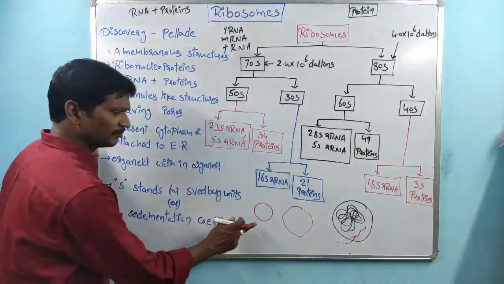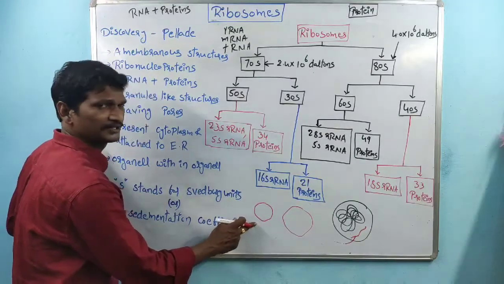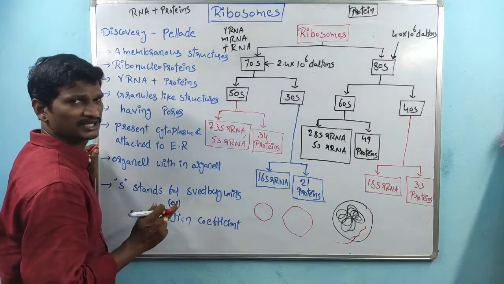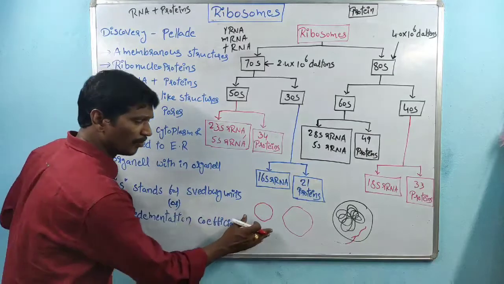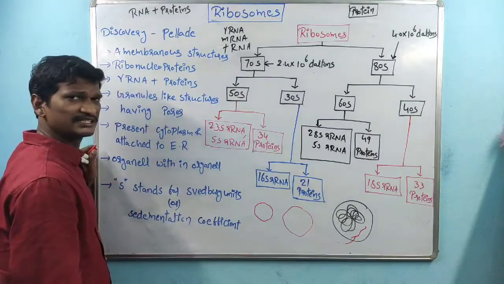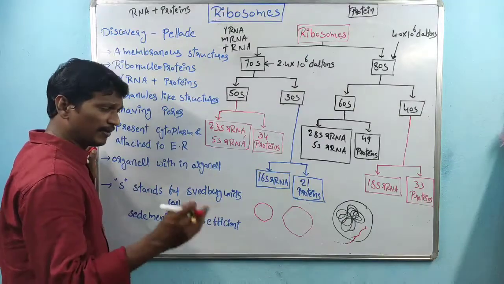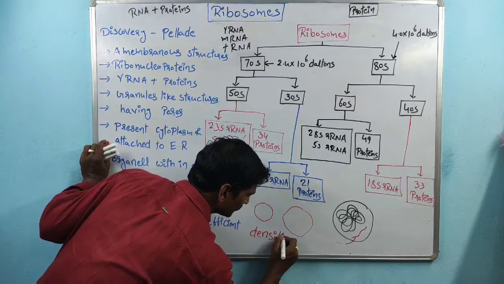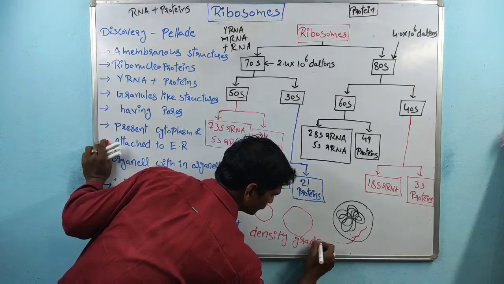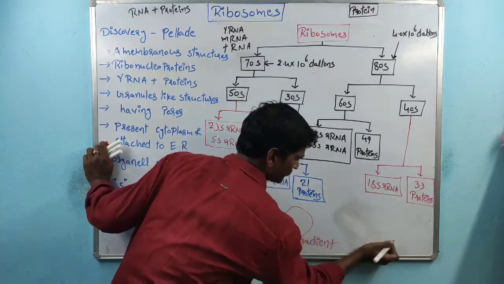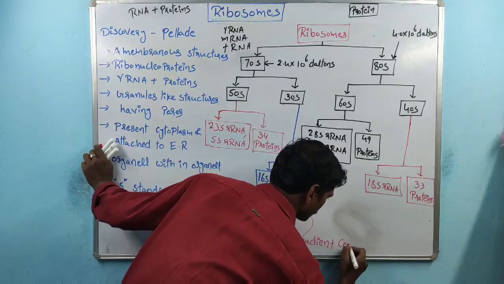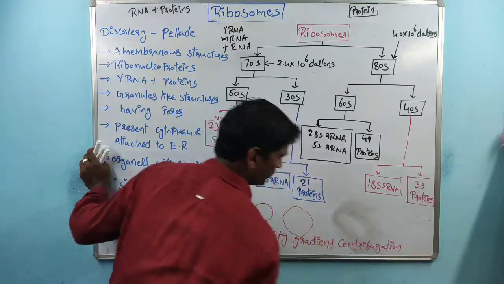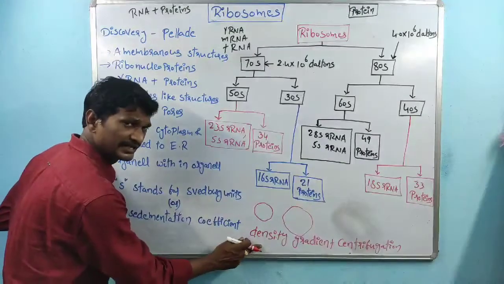So here molecules are separated based on the size and shape, by the usage of density gradient centrifugation.